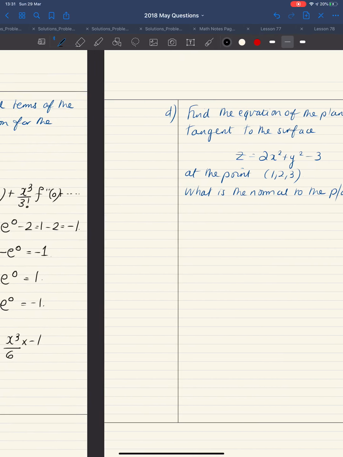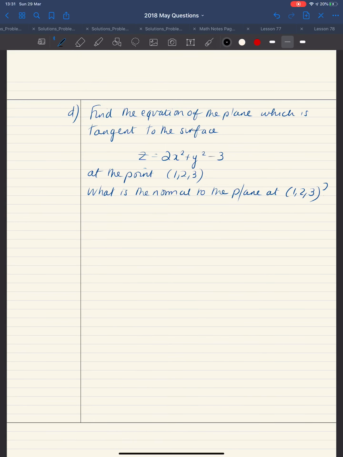Okay, part D. Find the equation of the plane which is tangent to the surface z equals 2x squared plus y squared minus 3 at the point 1, 2, 3. And what is the normal to the plane at 1, 2, 3?